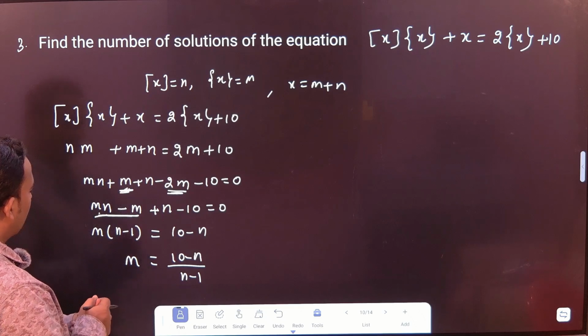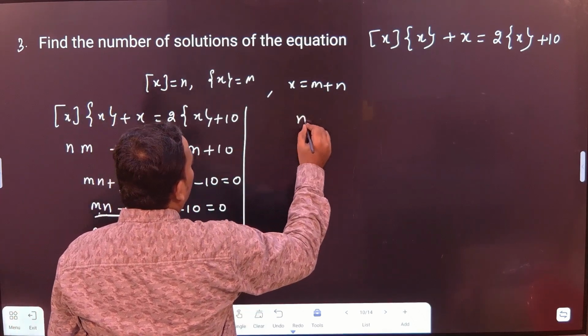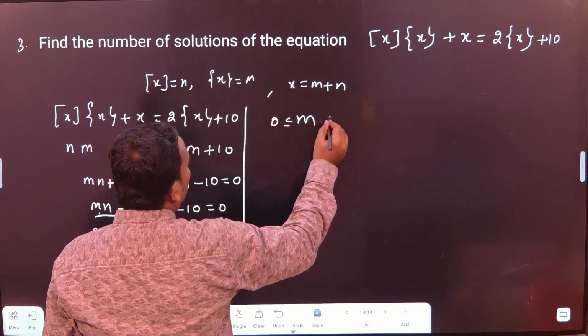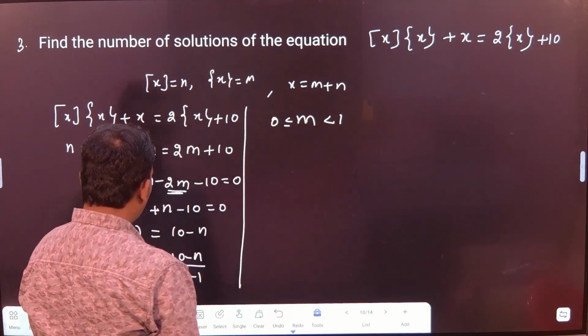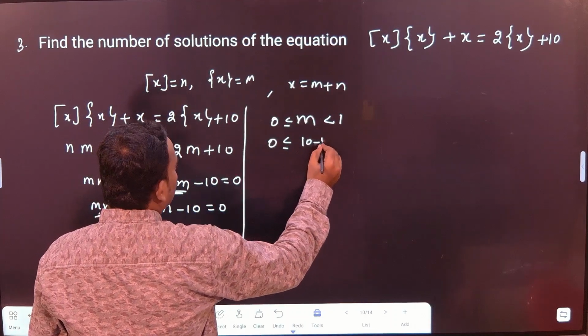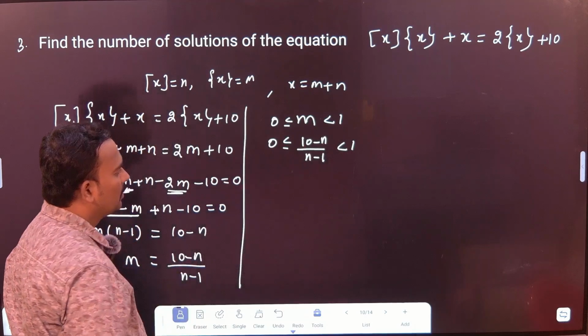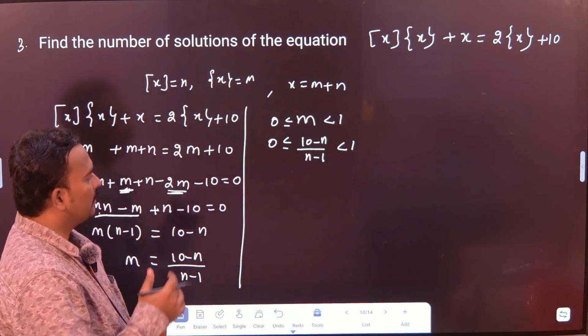Clear? Fine. Okay. So now you can see the range. What is that? m range is what? 0 to 1. So you can find it out. What is m here? 10 minus n divided by n minus 1 is less than 1. Now you have to solve this one, right?